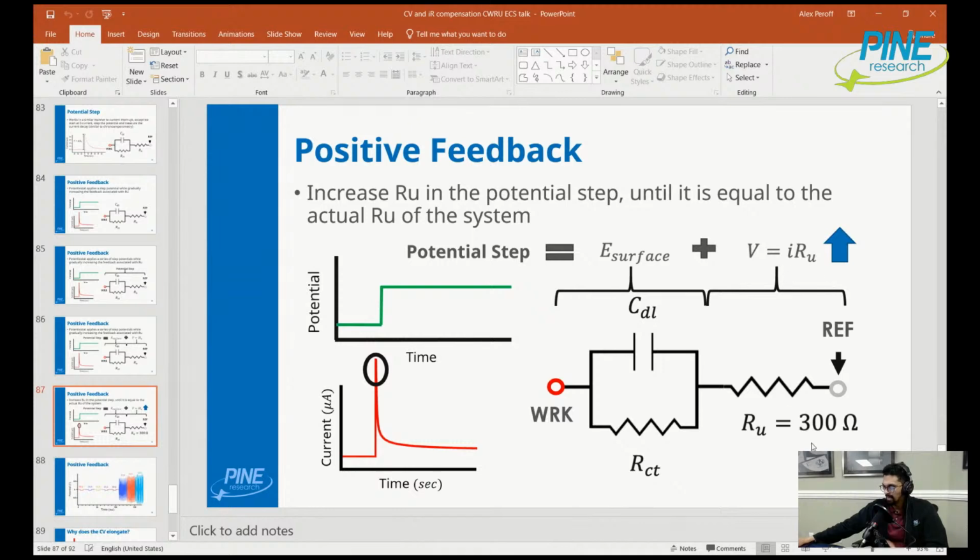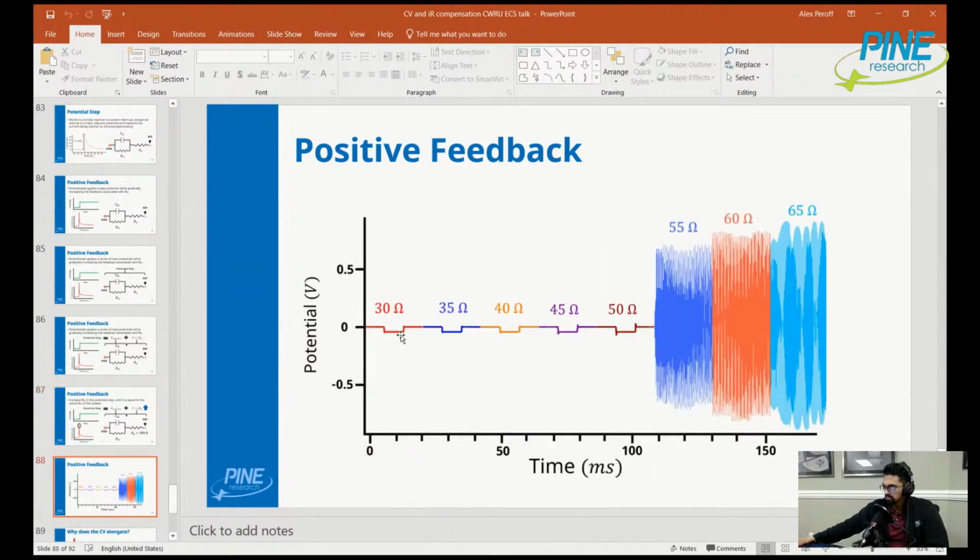So the potentiostat is constantly increasing the value until the potential step is equal to just E of the surface, and this part no longer contributes. The way it looks is you keep applying these potential steps. You increase the amount of compensation by a certain amount of ohms, and then eventually you run into overcompensation. Somewhere around here, this 40, 45, 50 is where we have overcompensated, and that 50 ohms is the solution resistance. So that's how you get R.